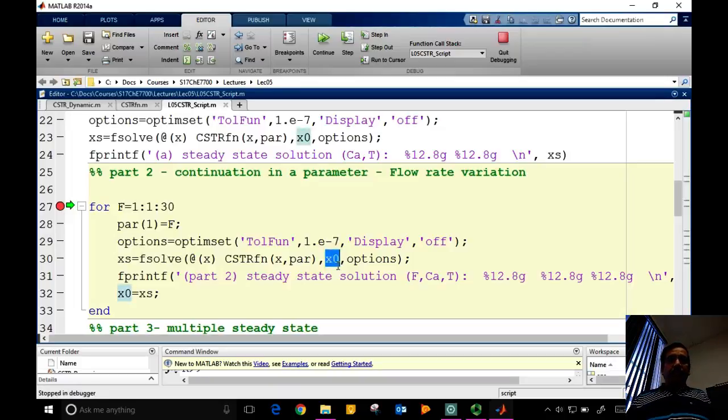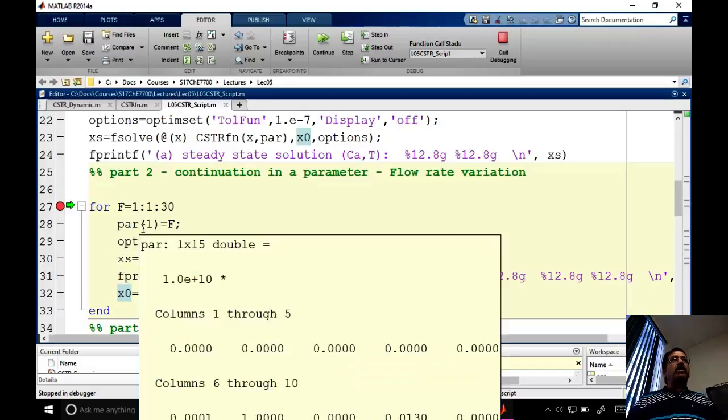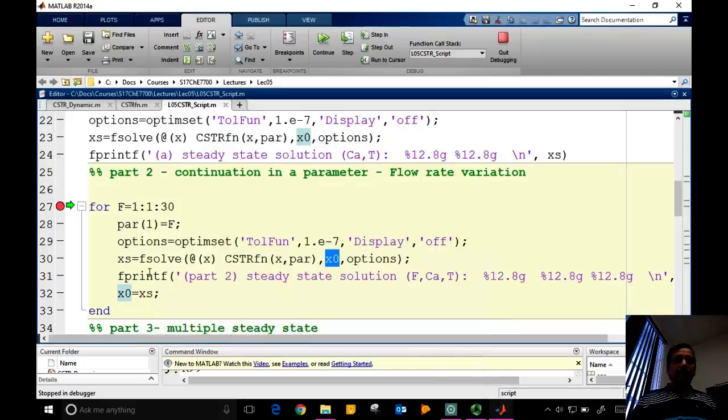And every time it goes through this loop, par at one location will have different values. Flow rate of 1, flow rate of 2, flow rate of 3, etc. And when it comes out in line 30, it's going to return the converged solution, if it converges. And I'm just printing those solutions, including the flow rate now, and the concentration and temperature.